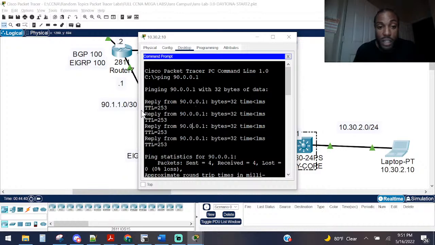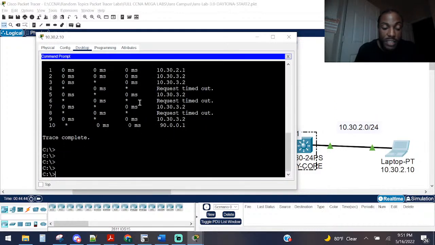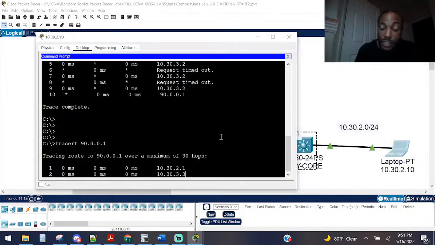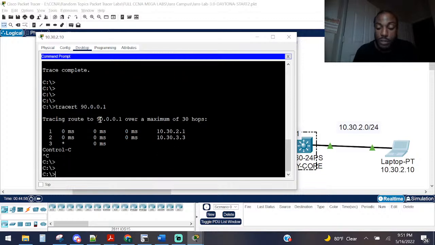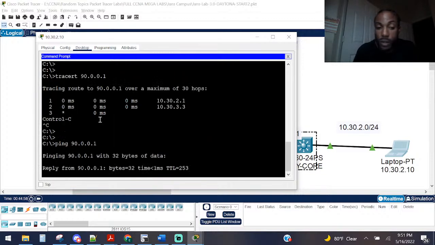Let's see if he can ping router 7 now. Right, router 7. So ping router 7, 90.0.0.1, right? Yep. Oh, they'll go to trace route. It don't look like he pinged it actually, even though I think he should be able to. That's doing a trace route. Let me just do a ping and try to get it going. Yep, and there it goes right there.